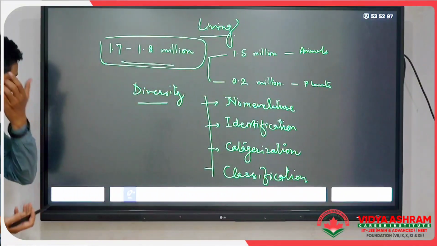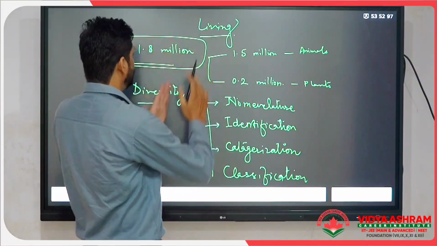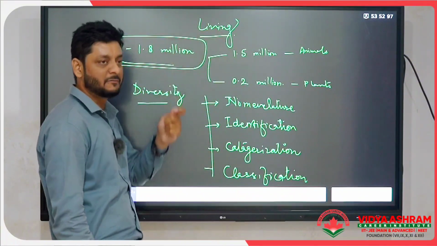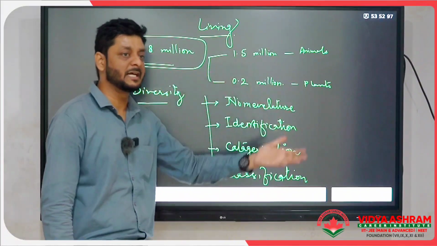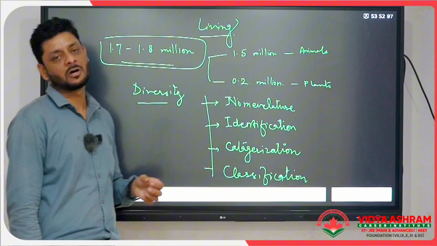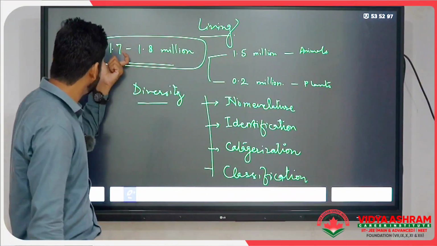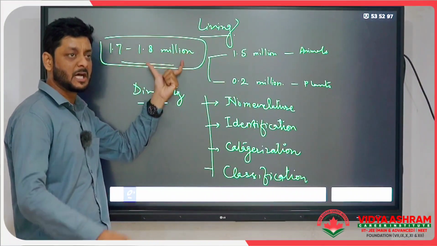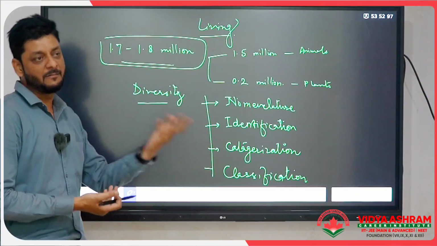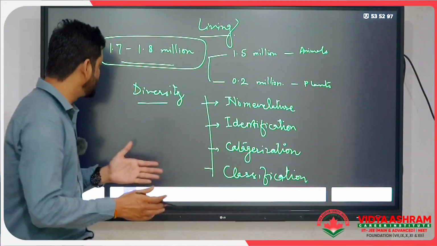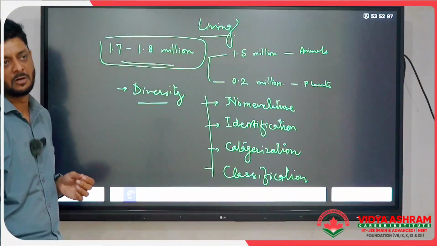So what we understood till now: the characteristic features of living, and which organisms are said to be living organisms. When we know that a lot of organisms around us show these characteristic features of living, we need to understand that there is a huge diversity among the living organisms.